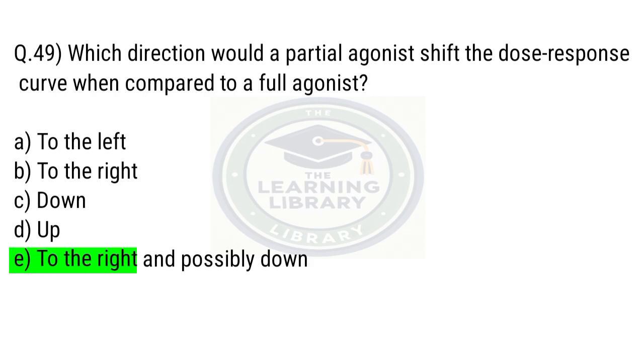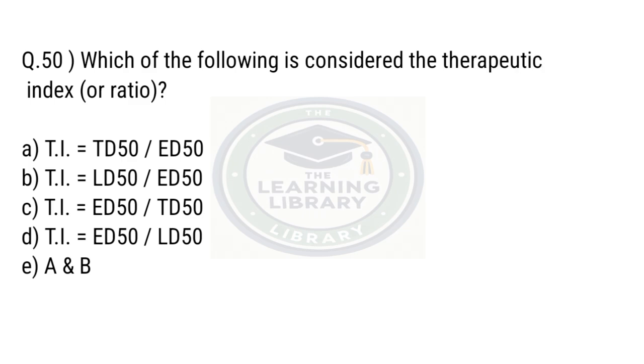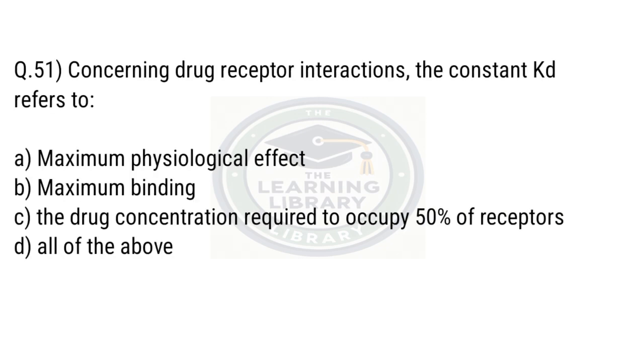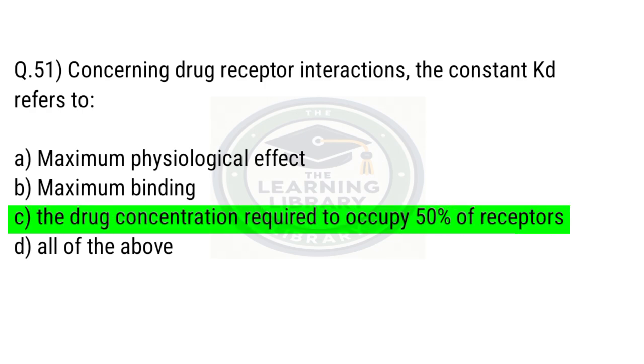The right answer is option E, to the right and possibly down. Question number 50. Which of the following is considered the therapeutic index or ratio? The right answer is option E, A and B both. Question number 51. Concerning drug receptor interactions, the constant Kd refers to. The right answer is option C, the drug concentration required to occupy 50% of receptors.